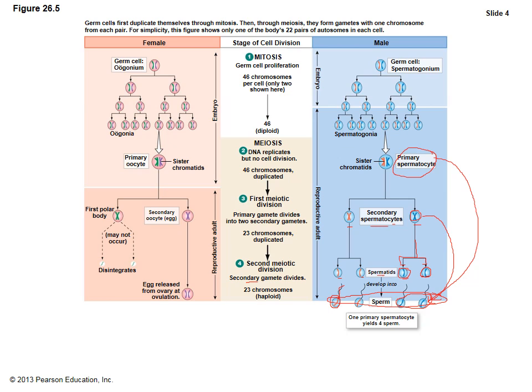However, if we look on the female side, things are a little bit different. In females, the second meiotic division, the division of the secondary oocyte, results in the separation of the sister chromatids, but not the division of the actual oocyte. So this is what the ovum looks like, which is released during ovulation.